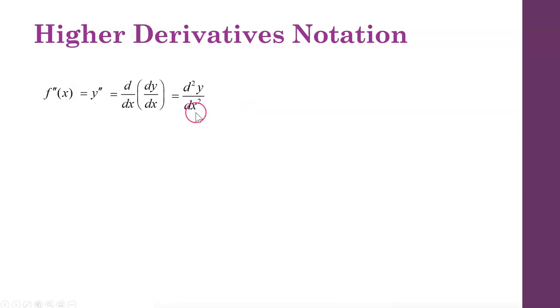right? The squares here aren't really exponents. They're just notation. This means we took the derivative twice of y, and this tells me the derivative both times was with respect to x.